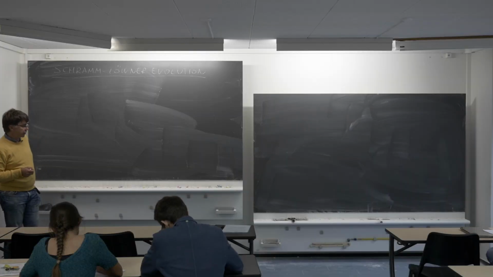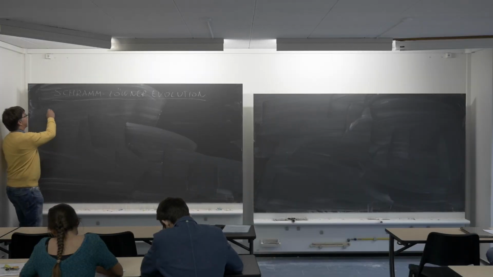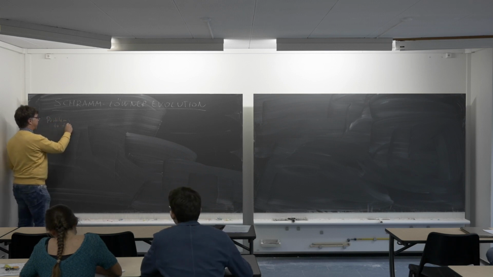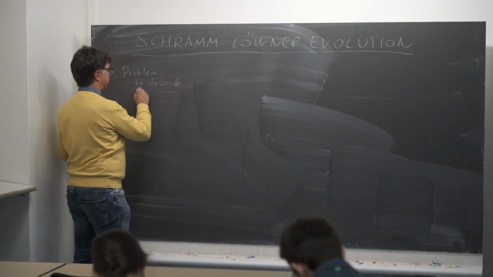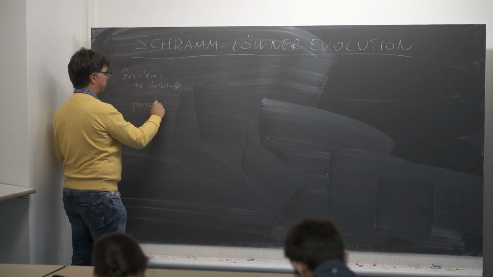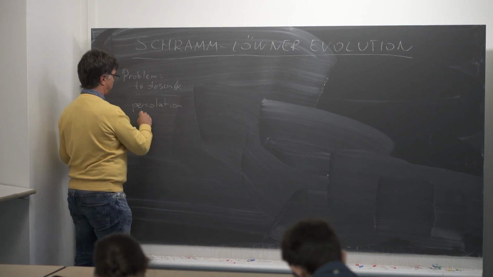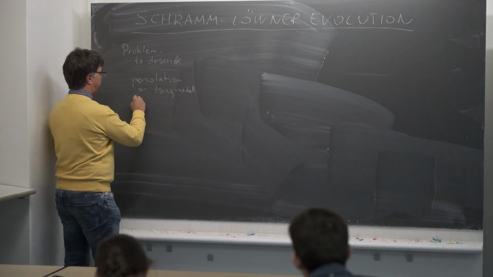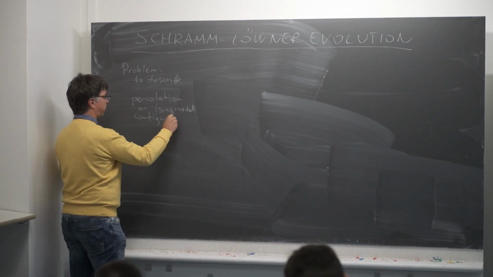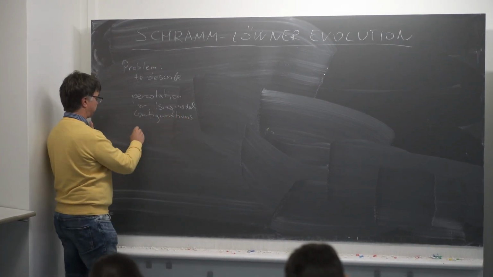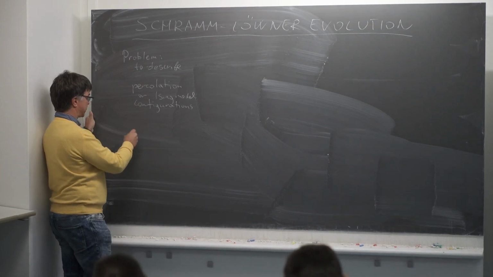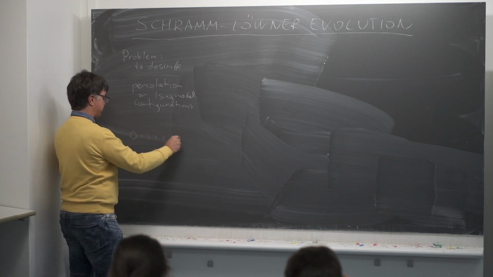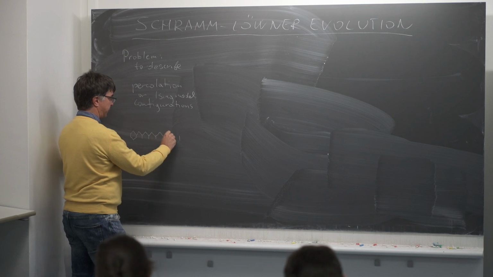And the question he asked, the problem, was to describe something like percolation. He first asked for percolation or Ising model configurations. For example, we do it on some lattice, let's say a hexagonal lattice, which is difficult to draw.